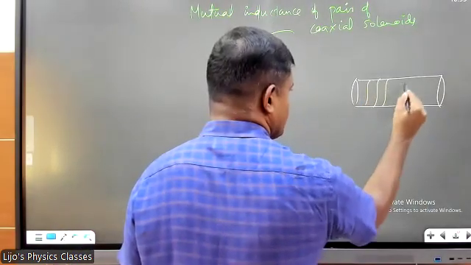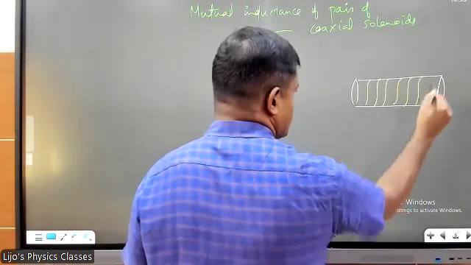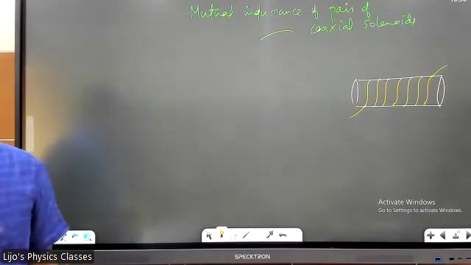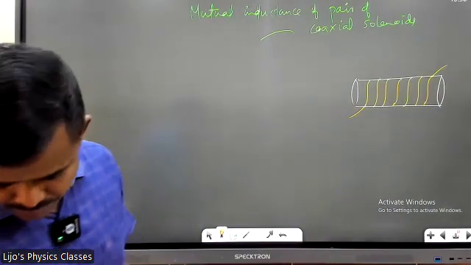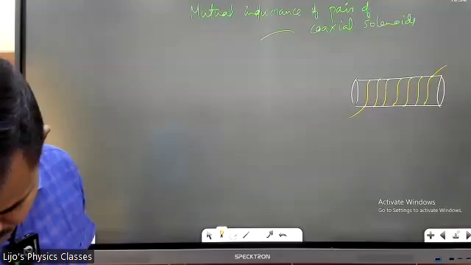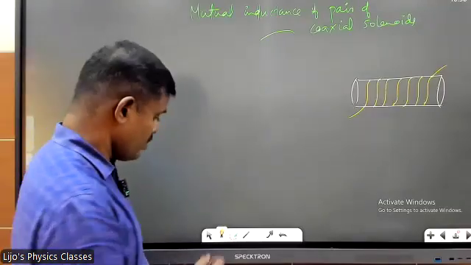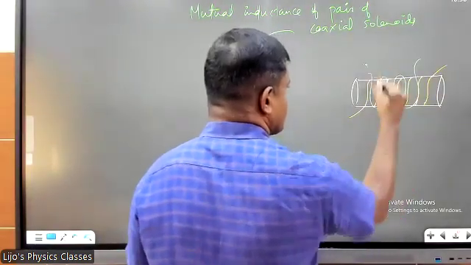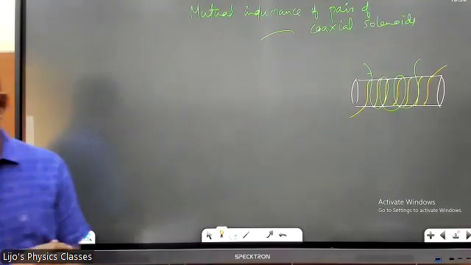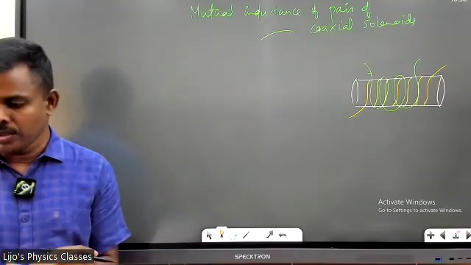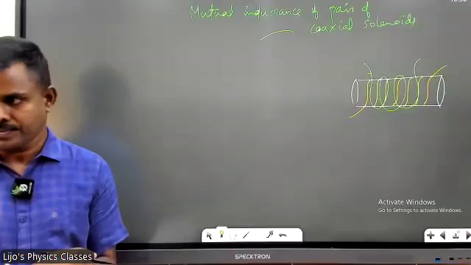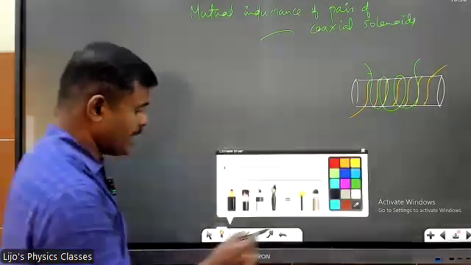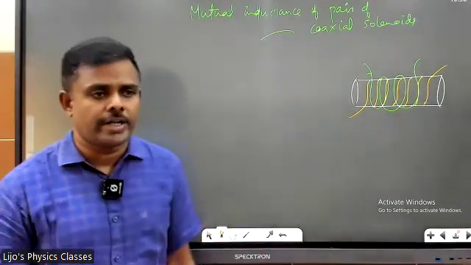Coaxial solenoids. The yellow coil is the primary coil, and the green one is the secondary coil. Primary and secondary are wound over each other. One is wound on the other.